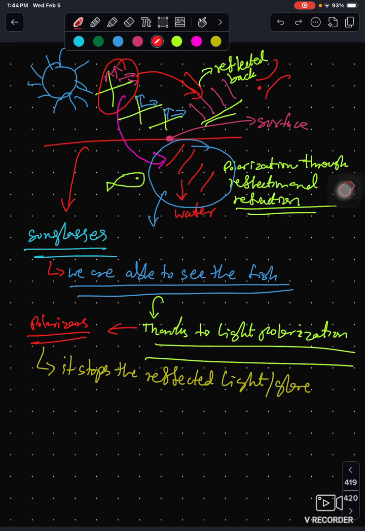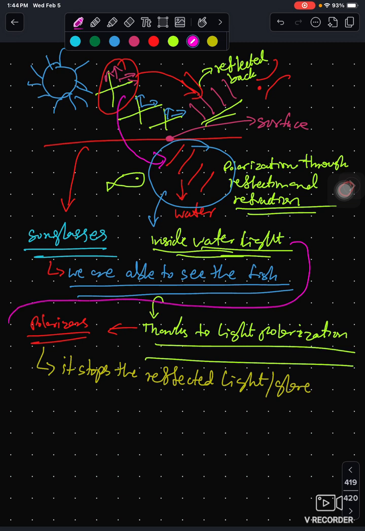What we see is inside-water light, only the light from inside the water.